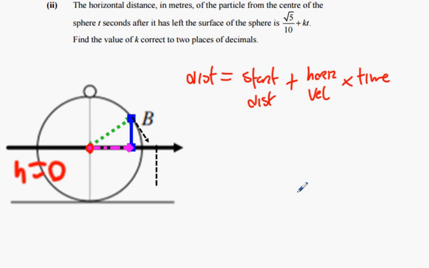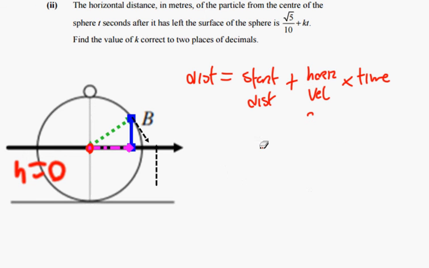On a really basic level, if I was 10 meters away horizontally to begin with, and the horizontal component of my velocity, let's say as an example it was a 3, 4, 5 triangle, I'm only concerned with the 3 part, am I? Because that's how far I'm going away horizontally. So it's going to be 10 meters plus 3 times time. I have to do something similar for this equation here.